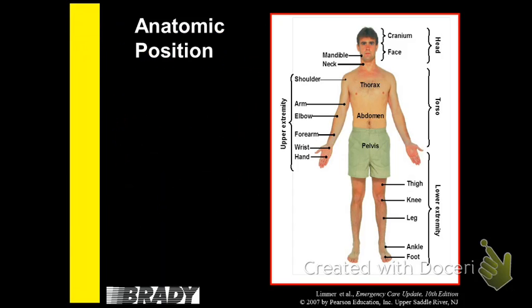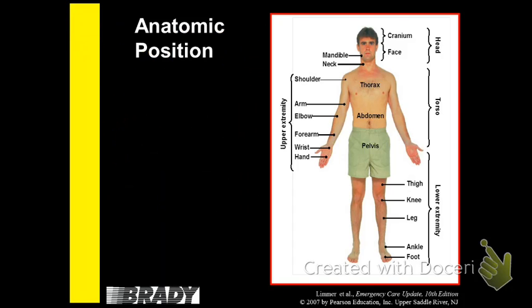Then it breaks down into the lower extremities, where you have the thigh, knee, leg, ankle, and feet. Then the upper extremities: the shoulder, the humerus, and then the forearm.